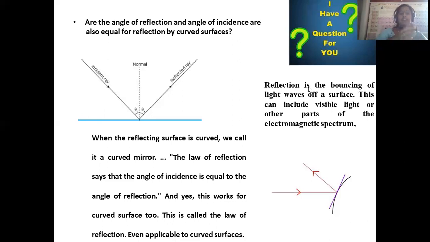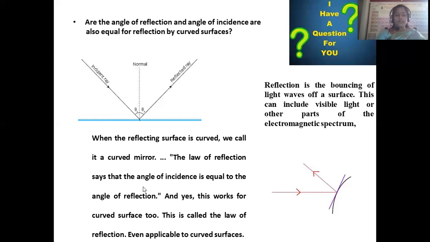If a ball hits the surface, what happens? It will move with a certain angle, just like this light. So here light is also bouncing in such a manner, how the ball hits the surface and moves with a certain angle, right? This can include visible light or other parts of the electromagnetic radiation. Whatever light source we are passing, bouncing on the surface, that will pass through a certain angle, right?